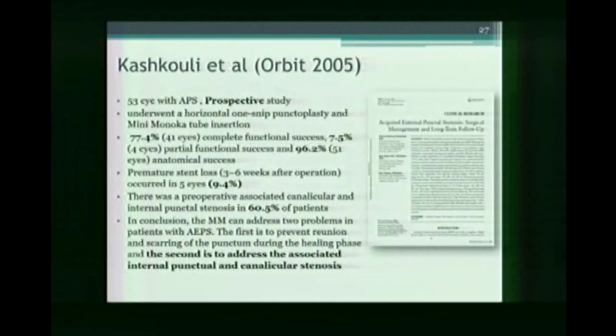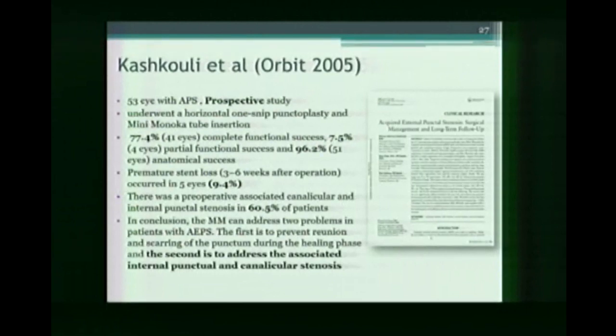But their anatomical success was great, reaching up to 96%. The key factor contributing to the low rate of functional success here was that 60% of their patients had associated canalicular and common canalicular or internal punctal stenosis as well. So the punctum was not the one to be blamed alone.